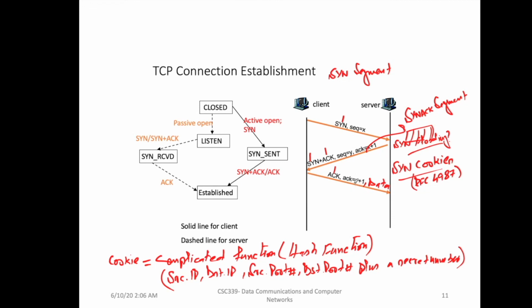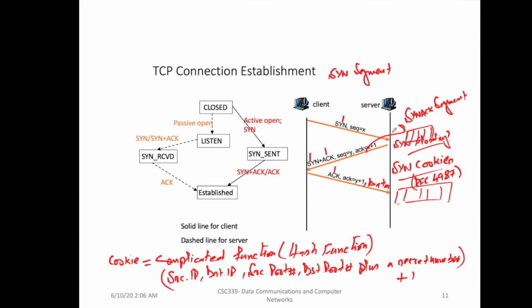It takes the sequence number here, and again takes the source IP address, destination IP address, source port number, destination port number, plus the secret number, and adds 1 to it, and again calculates the hash function and sees if this number is the same as the sequence number of the acknowledgement in the third step from the client. This means this is a request from the legitimate user. Only then does the server allocate a buffer for the client side.